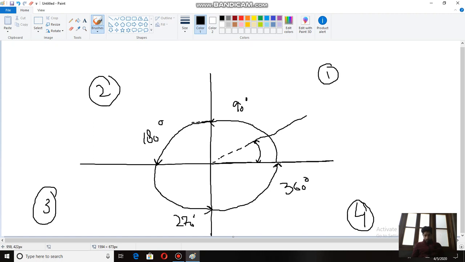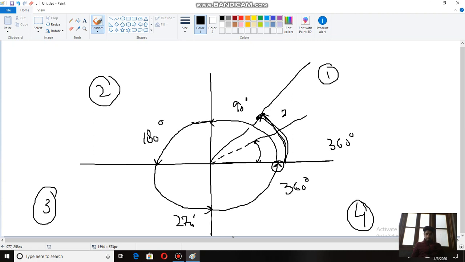And now if we still move further, till this point we have covered 360 degrees, and now if we still move further, for example the line is now here, making one revolution we again move this line to this point.